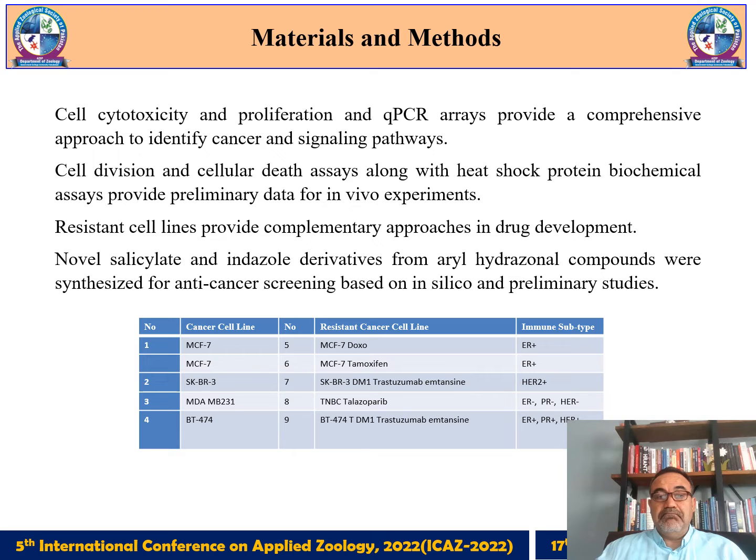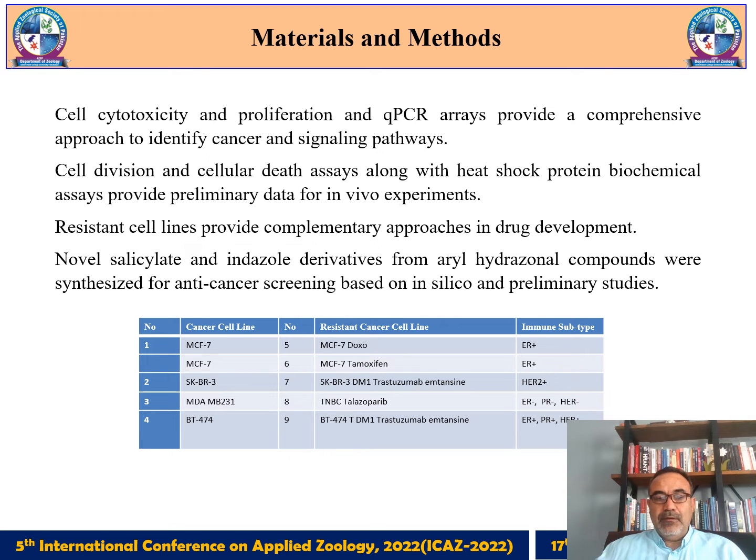The nice thing of our design is to use not only the subtypes but also the resistant forms of these subtypes. And the nice thing to reveal the molecular mechanism is to compare the resistant form with the normal cancer cell line, because that will provide extra information.